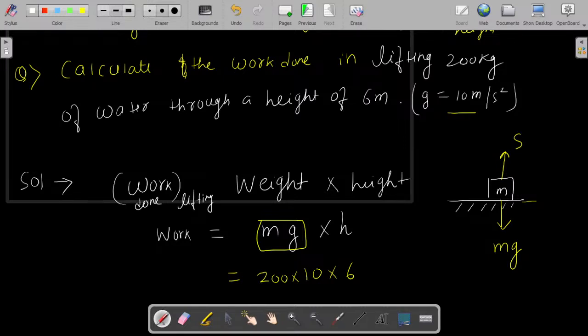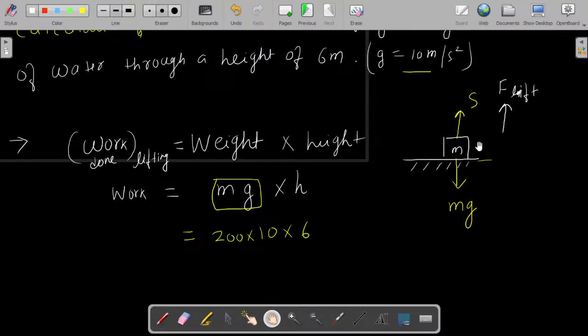Where we are applying a force, we are applying it in the upward direction to lift. Write down: the direction of F lift is toward the displacement. The force is acting in the upward direction and the displacement is also upward, that's why both have the same direction.